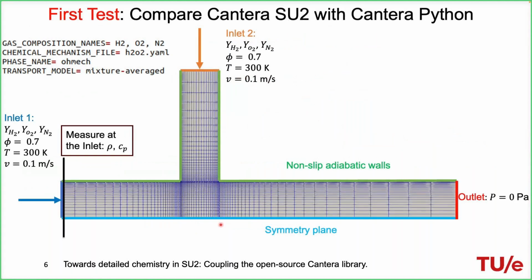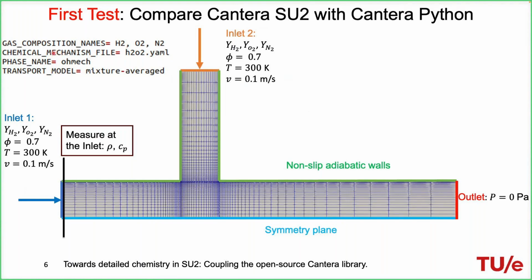So first, we want to test if we can get the same values as the values that the Python version of Cantera provides. In order to compare the values that we can obtain from SU2 and from the Python version of Cantera, we first test a gas composition of hydrogen, oxygen, and nitrogen.